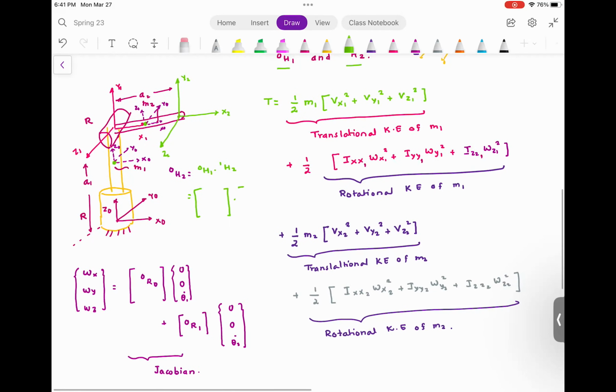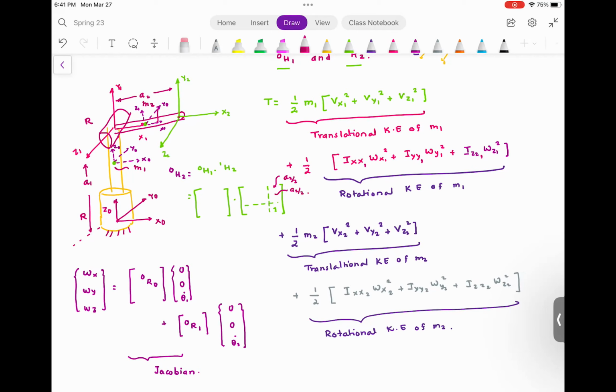But when you multiply by 1h2, here, please understand, you are going to have the distances a2 by 2 and a2 by 2. Do you agree with me?